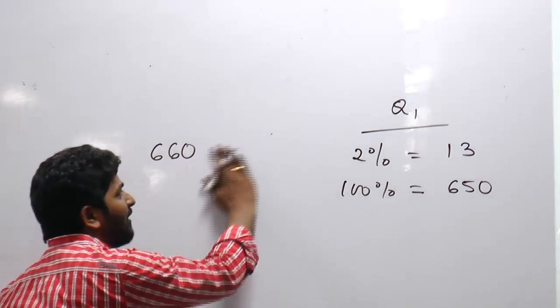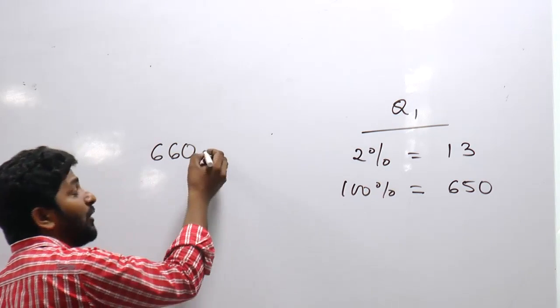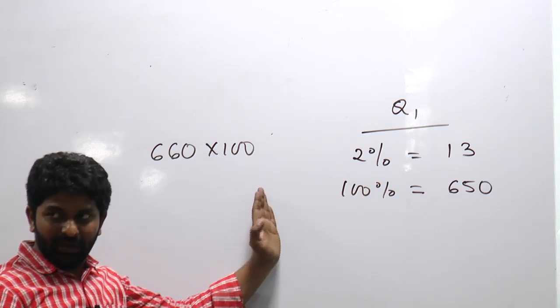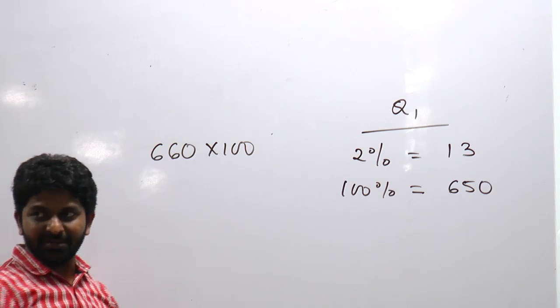But radius is given in centimeters. So again you need to convert meters to centimeters, right? Into 100. Total distance in centimeters.